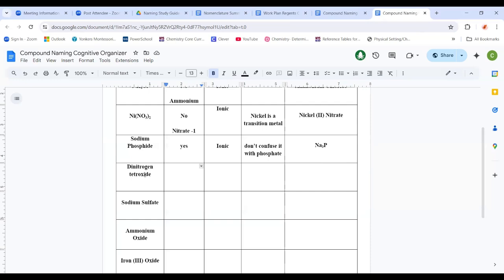All right. Dinitrogen tetroxide. Alarm bells just went off for me. First of all, the elements here are nitrogen and oxygen. There are only two types, so yes, this is still binary. And because it's got Greek prefixes, I'm going to go straight to this is molecular. Remember, if it has Greek prefixes, it's automatically molecular because you can't use Greek prefixes on ionic compounds.